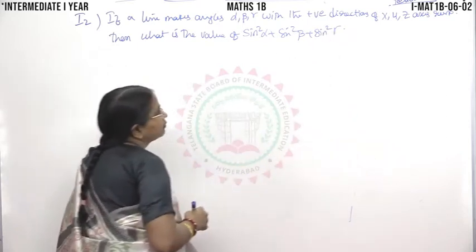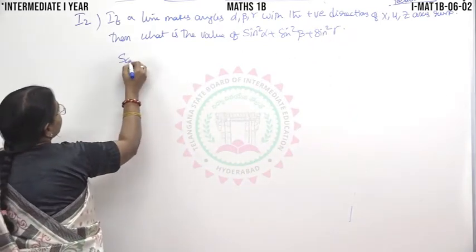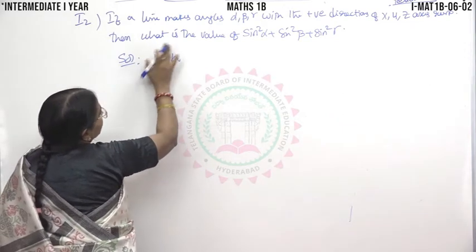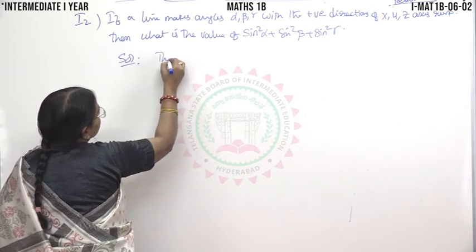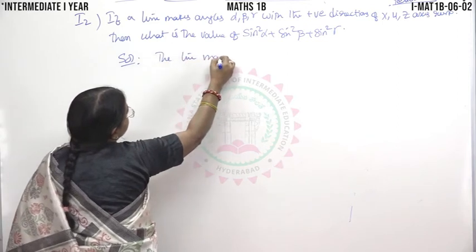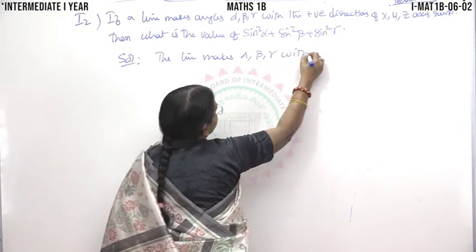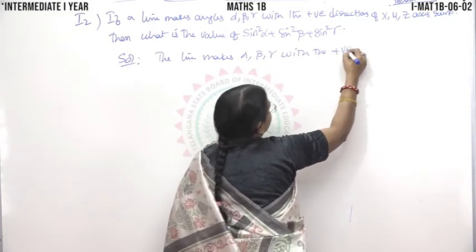So we know that the line makes alpha, beta, gamma with the positive directions of coordinate axis.